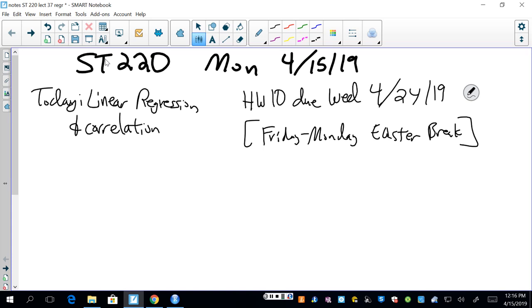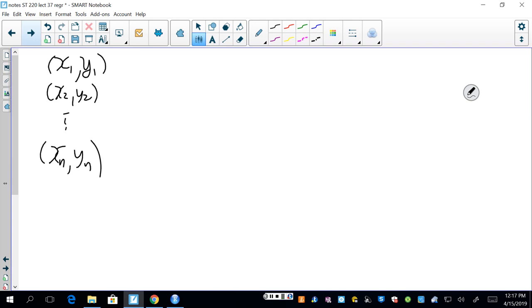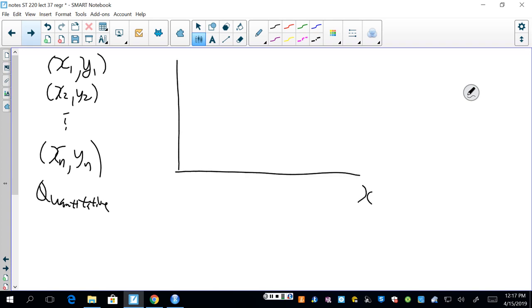So we're going to look at linear regression and correlation today. The scenario here is we have some data, pairs x1, y1, x2, y2, on n observations, x_i, y_i. Both are quantitative measurements on something, and if we plot them on an axis with x and y, each of these points ends up being one point on that scatter plot.